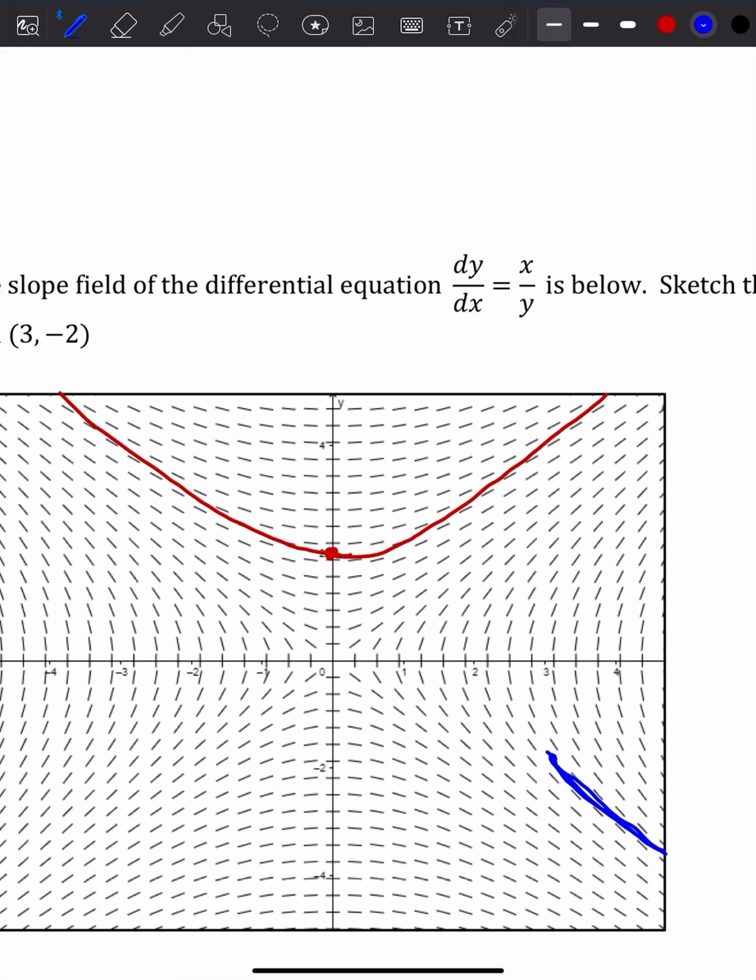For this one, we're just going to follow our slope on both sides. So we get something that looks like this.